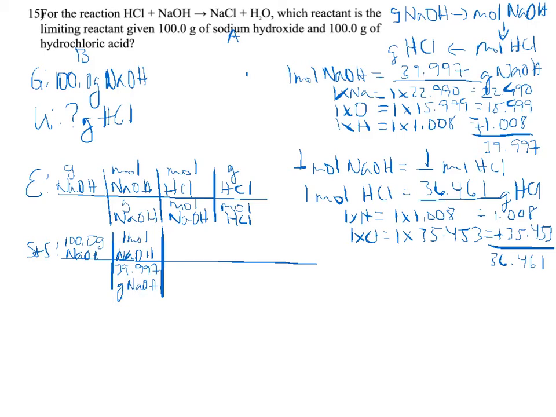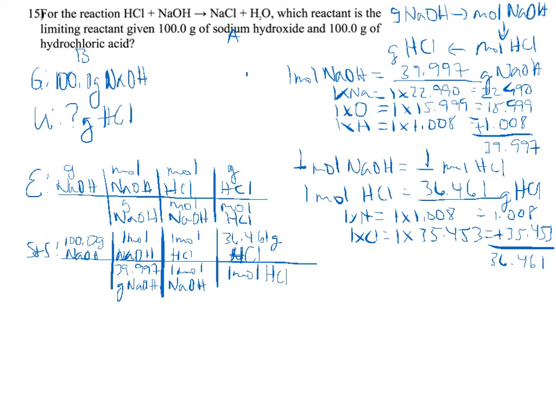So our mole to mole ratio is 1 mole of NaOH to 1 mole of hydrochloric acid. So these are both 1. And then the last one is our molar mass of hydrochloric acid. So 36.461 grams of HCl is 1 mole of HCl.